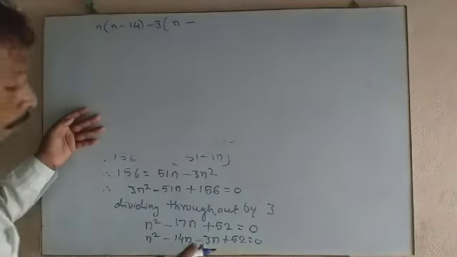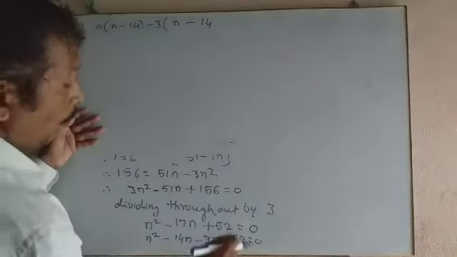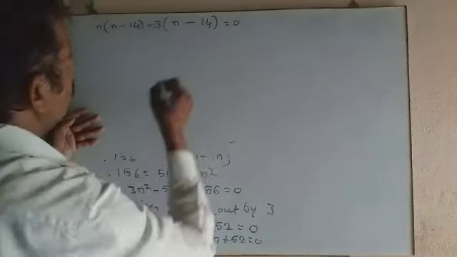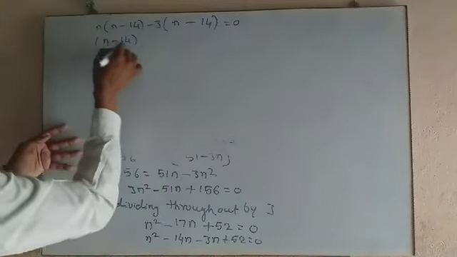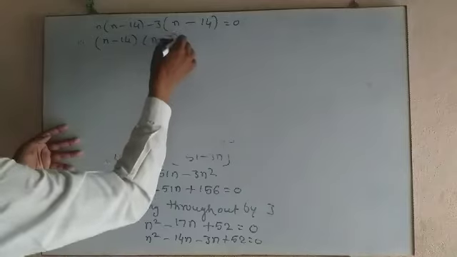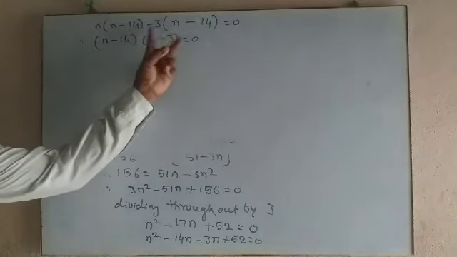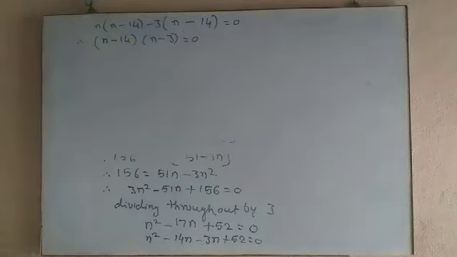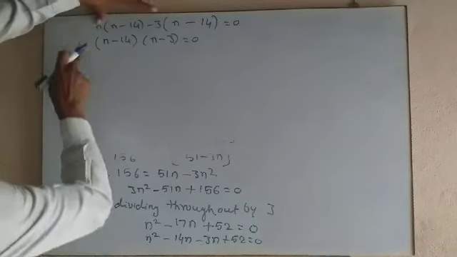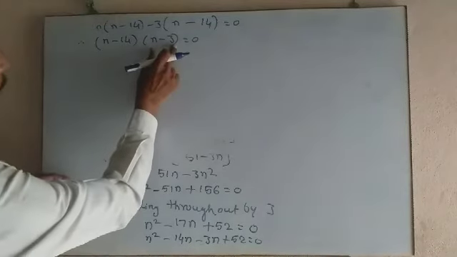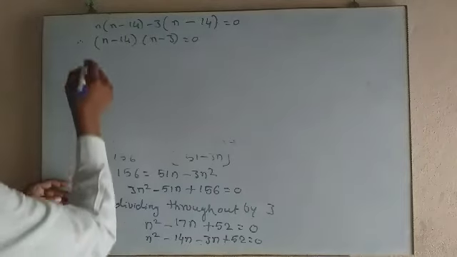Next, 3 14s are 52 is equal to 0. Therefore n minus 14 into n minus 3 is equal to 0. Instead of writing these two brackets, take only one bracket n minus 14, and write the common terms n and minus 3 in another bracket.